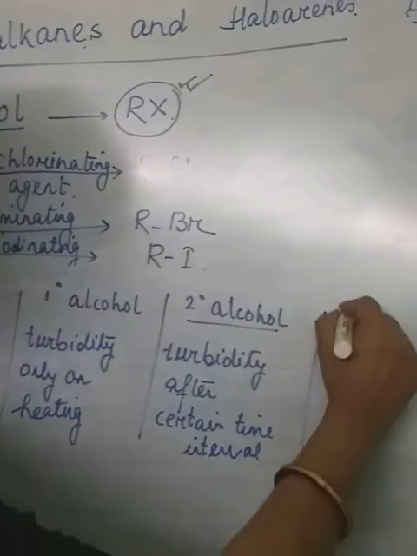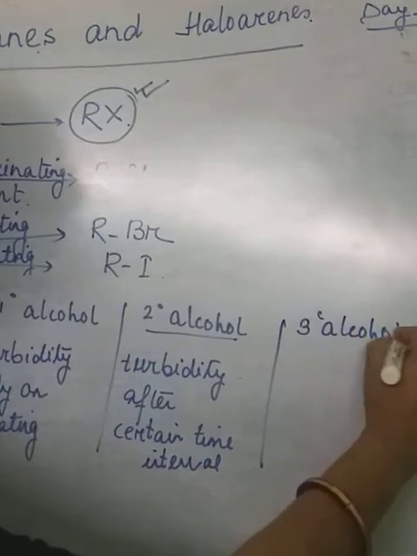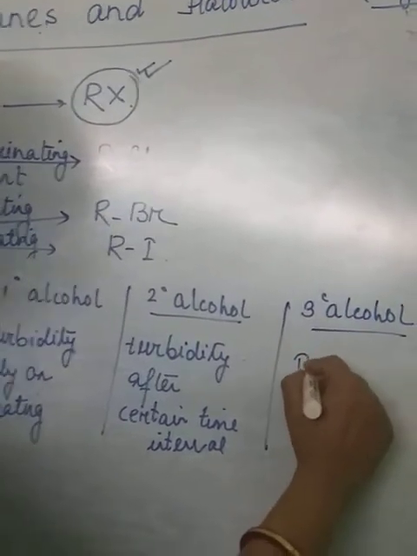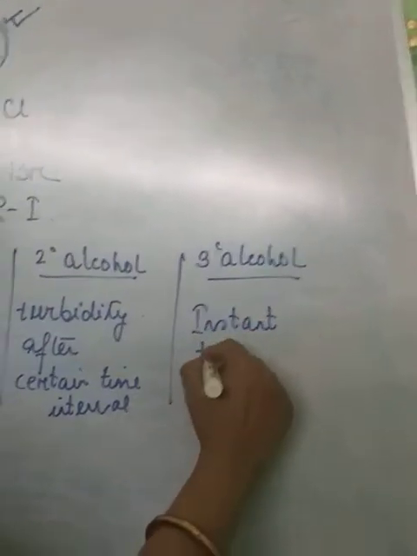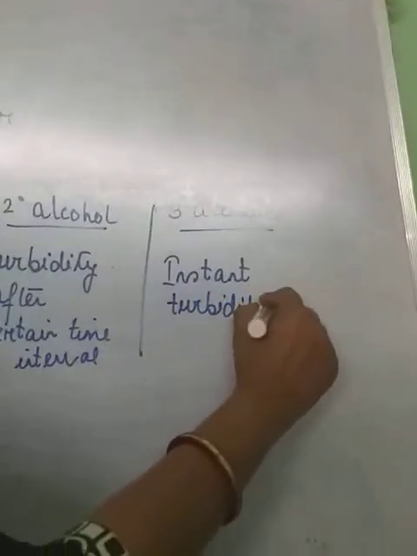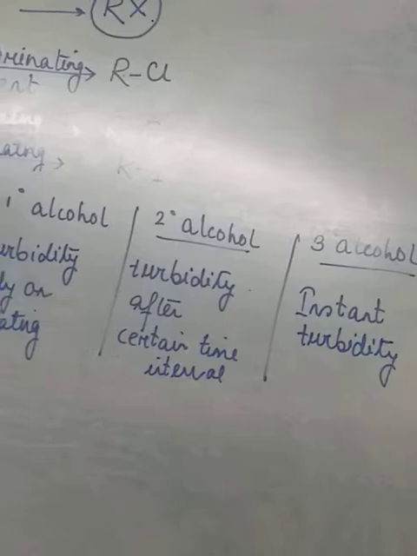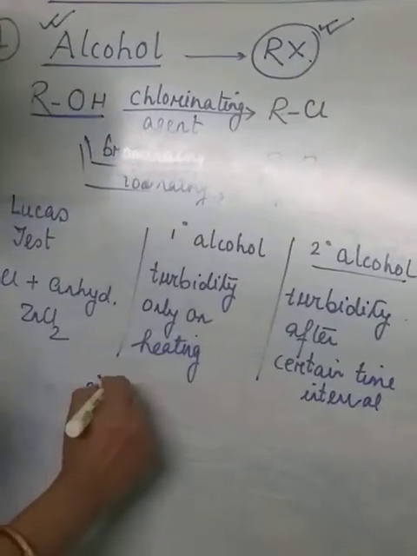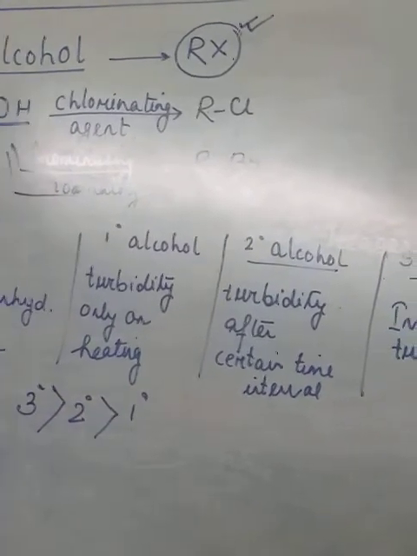And if it is a tertiary alcohol, it gives instant turbidity or cloudiness. It means the reactivity of alcohol towards Lucas reagent is tertiary most active, followed by secondary and then primary alcohol.